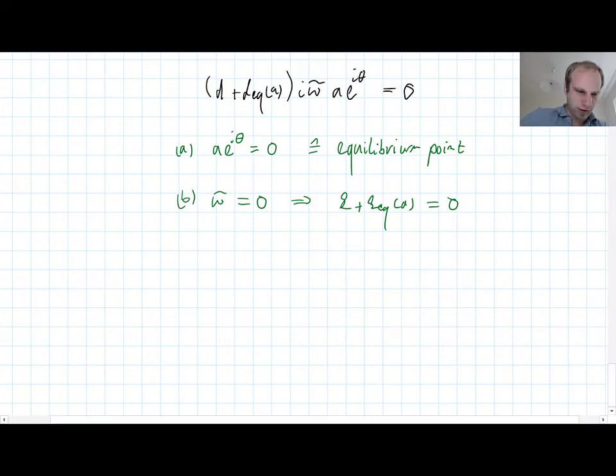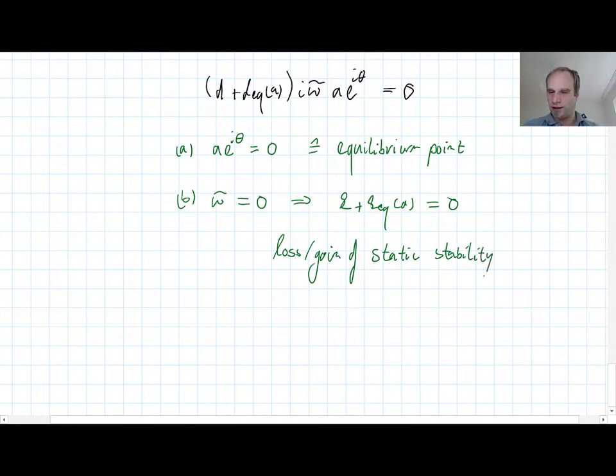So let's just write this down here, let's write it like this. So if we have some buckling under a certain amplitude, this could lead to this situation.